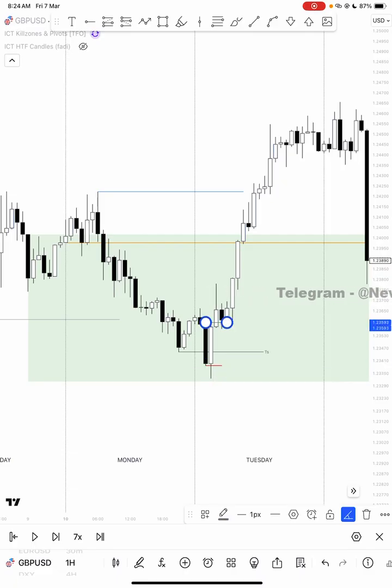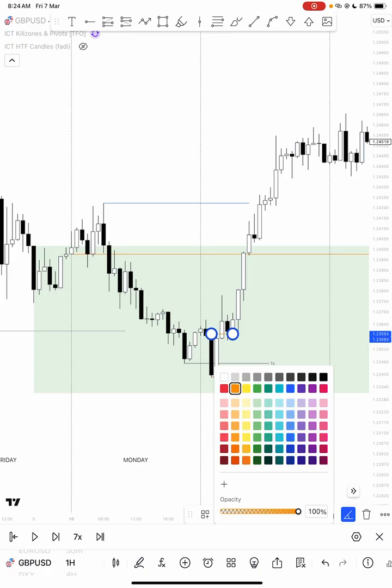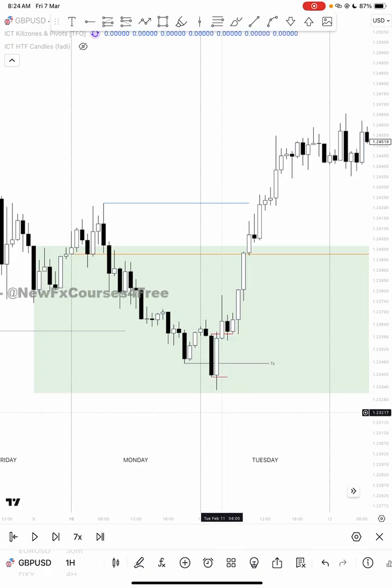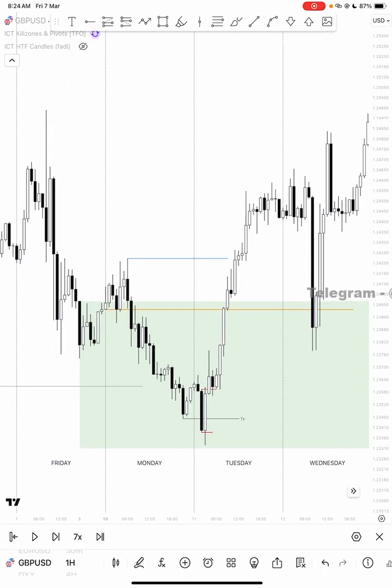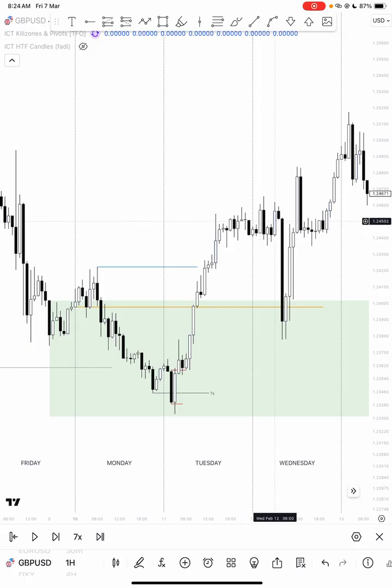So here we got an SMT with EURUSD actually below our weekly opening price and our daily opening price. So what actually happens? This was Wednesday's price action.